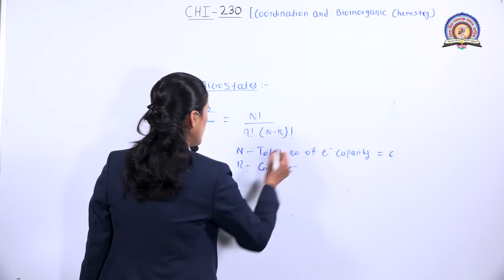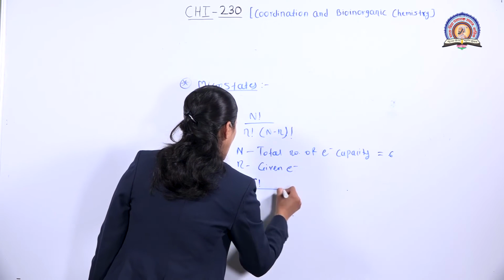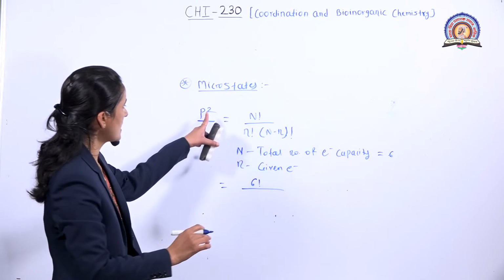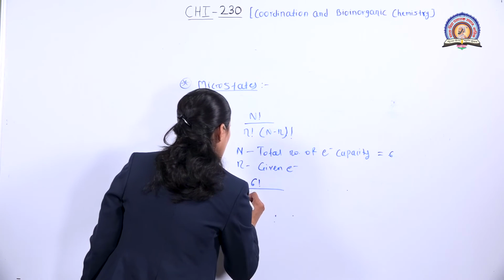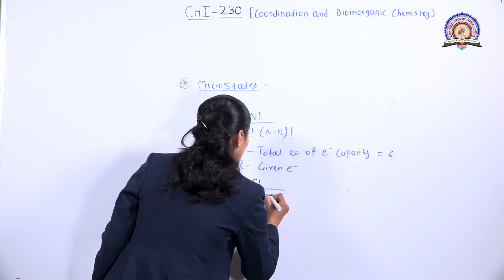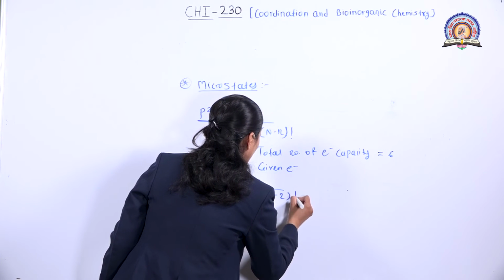N factorial, that is 6 factorial, upon small n, the given electrons. We have 2 electrons, that's why 2 factorial, and 6 minus 2 factorial.